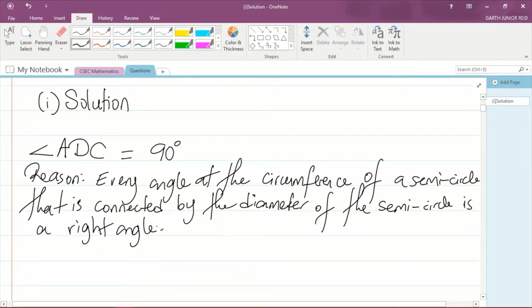So that's my reason, which says every angle at the circumference of a semicircle that is connected by the diameter of that semicircle is a right angle.